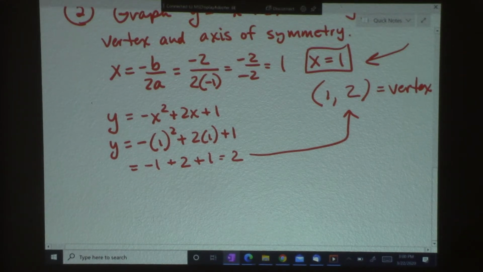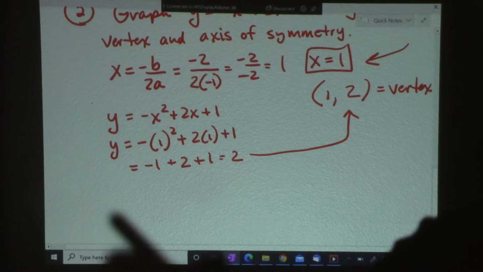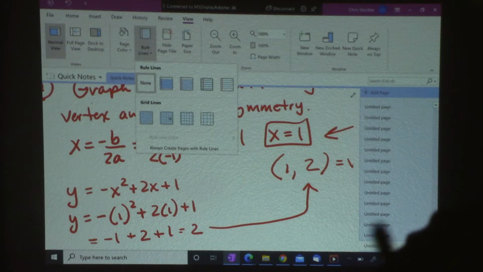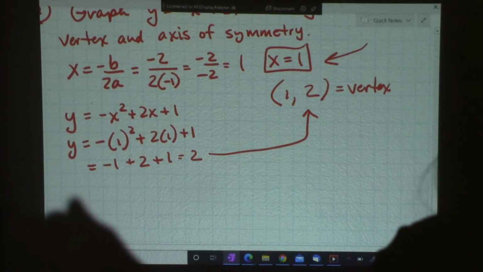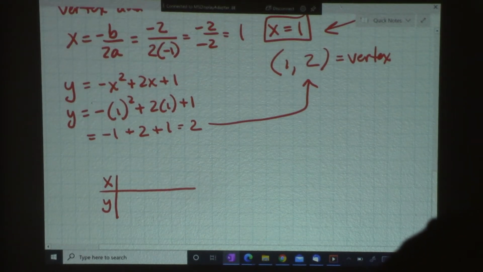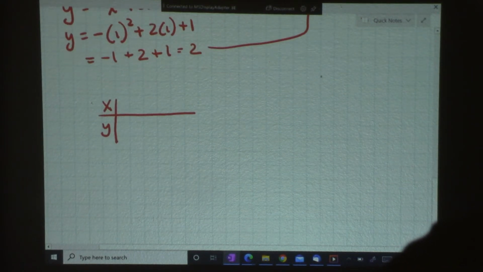All right, so now we're going to graph this. I'm going to change to graph paper. And I'm going to make a table. Let's graph the axis of symmetry and the vertex first. Okay, so here's my graph.